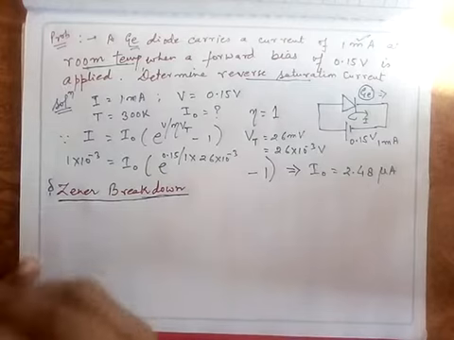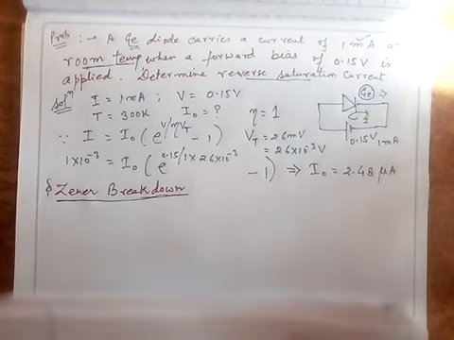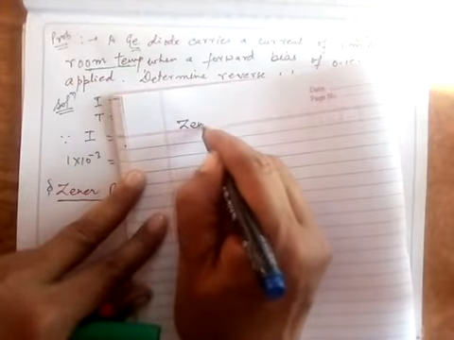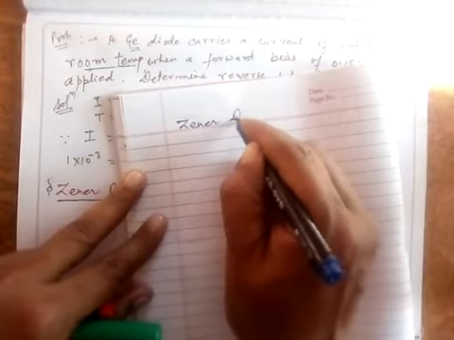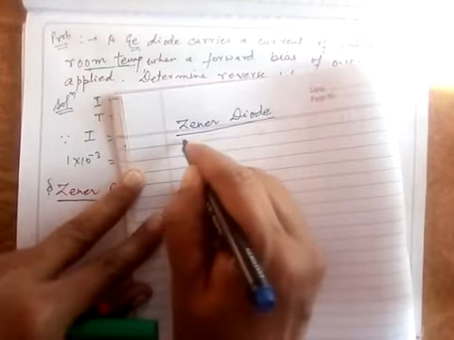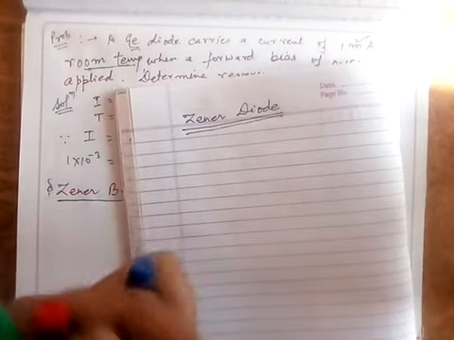Before coming to the Zener diode, let me discuss one more type of diode that you have, called a Zener diode. This comes under a category called breakdown diodes.